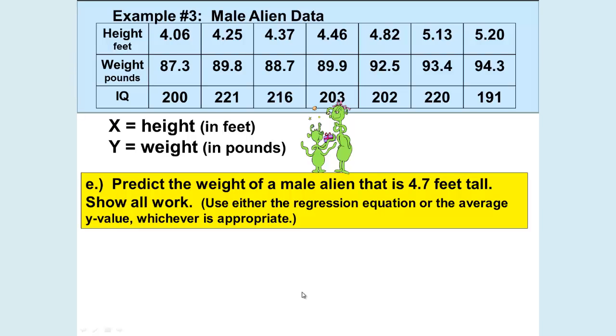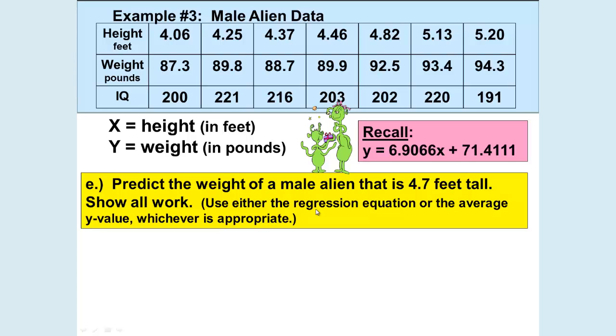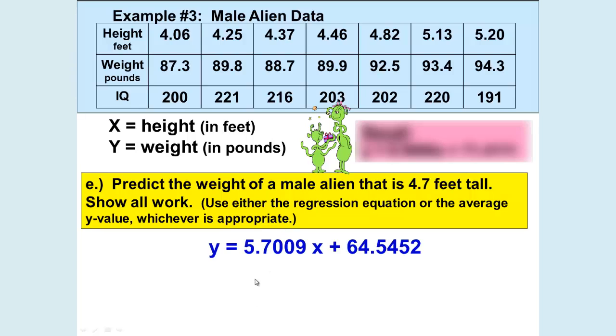In this case, we are going to make a prediction for the male alien that is 4.7 feet tall. Earlier we made one for 4.5 feet tall. The equation on the slide is for the female data, not the male data, so remember that we're using the equation 5.7009x plus 64.5452.